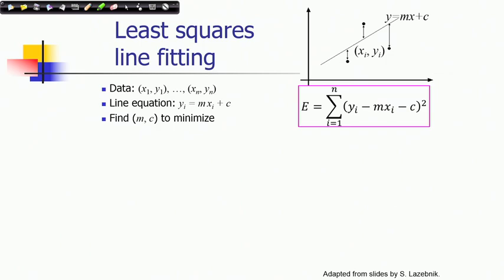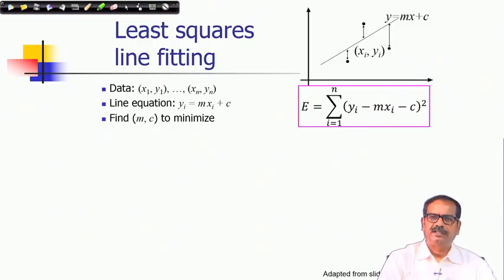The error term is defined as the sum of squares of vertical deviations of the observed value from the predicted value, which is given by the equation shown in that pink rectangular box, the equation of E.